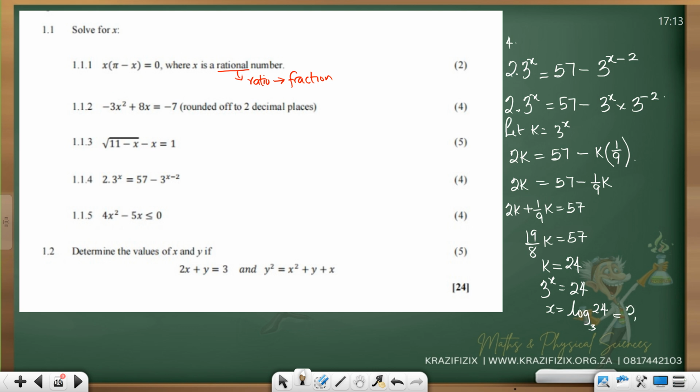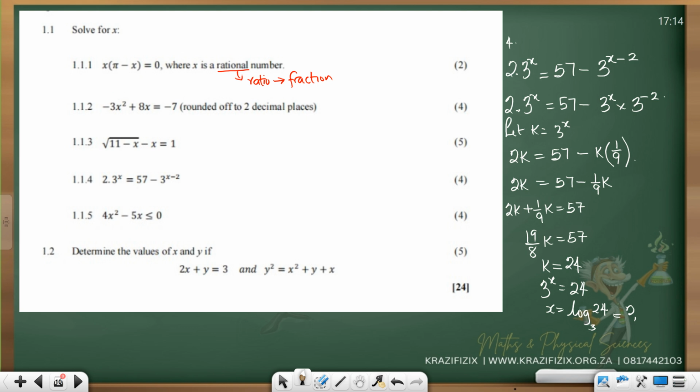Did I make a mistake? No, I know it has to equal 3. Sorry? I think I made a mistake. Where? I never used k already. What did you have? 3 to the power x minus 2. I got 3 to the power x times 19 divided by 9.